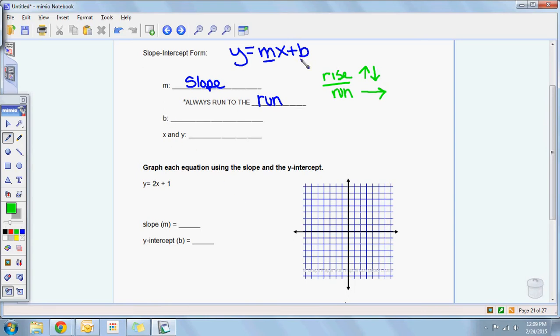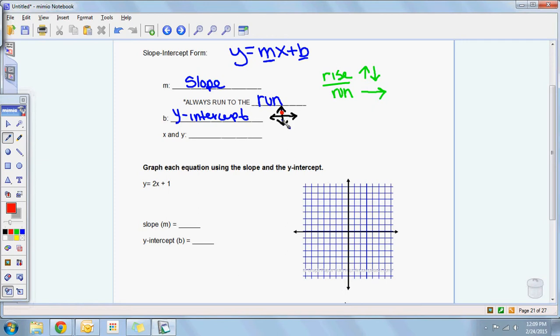Then we're given a new little variable here, b. I know it seems silly, but b stands for the y-intercept. Now the y-intercept is where your line is going to cross the y-axis. So if you have a coordinate plane here, your x-axis and your y-axis, the y-intercept is where your graph hits the y-axis.